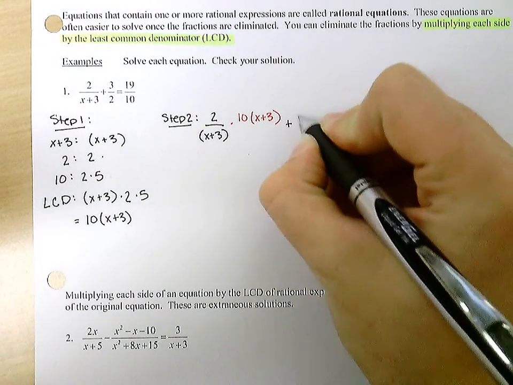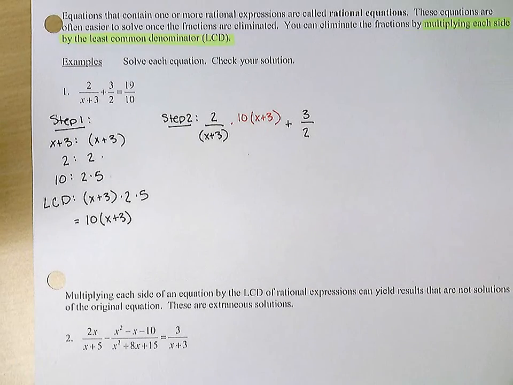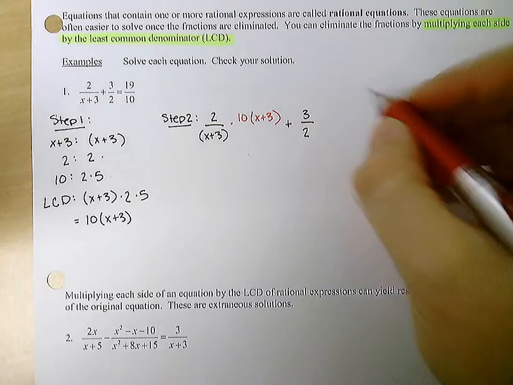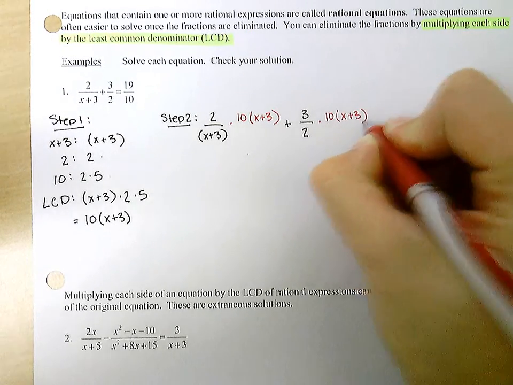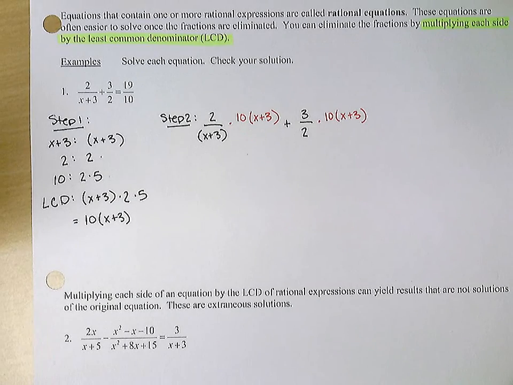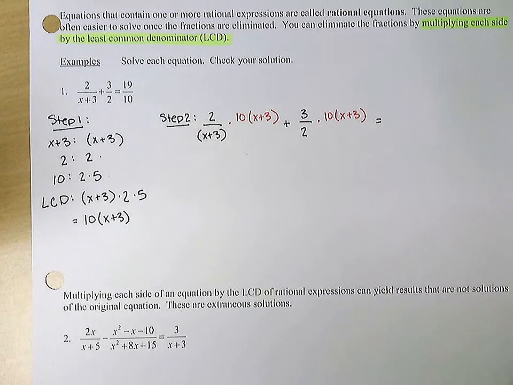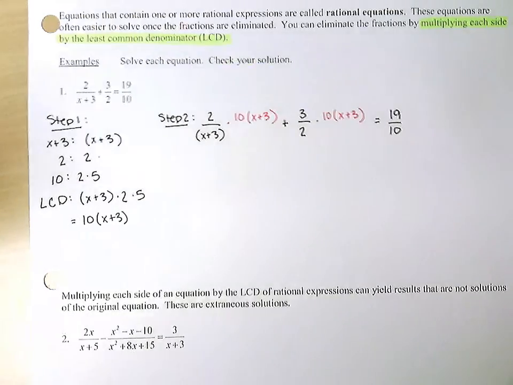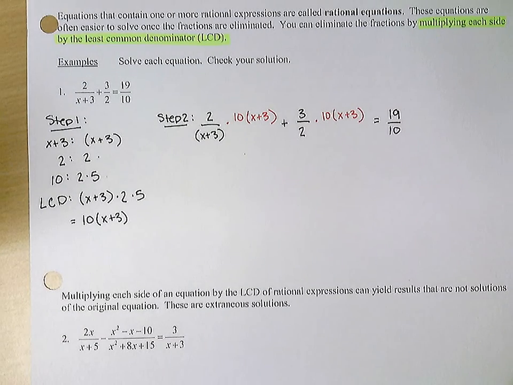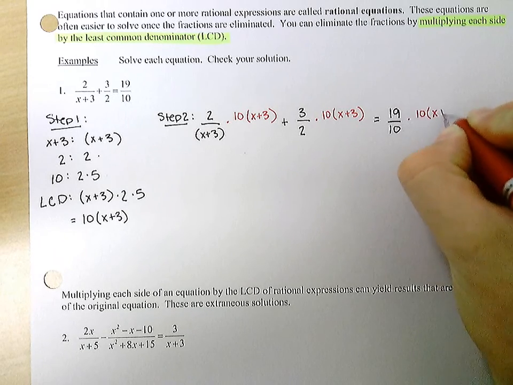So I'm adding 3 over 2, multiplied by your least common denominator of 10 times x plus 3. Okay, then I have that equal to, my last fraction is 19 over 10. So again, multiply that fraction by 10 times x plus 3.